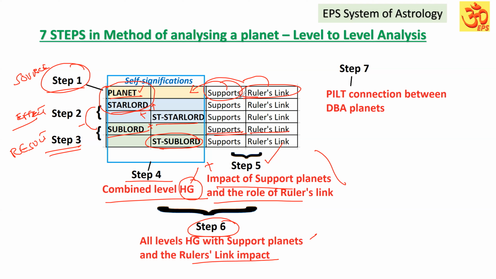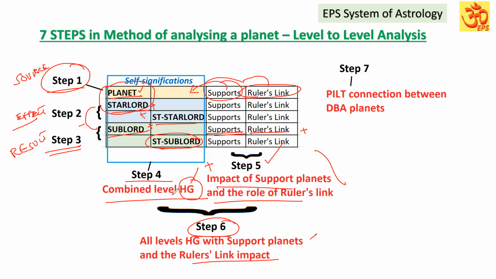Suppose the planet itself is a very good key planet, that itself is in the supports and is forming a ruler link and giving support to the sublord, the sublord's favorable strength will be increased. So that planet at this sub-level, though it is having some weakness in its self-signification, through the supports and ruler link, that strength is being increased. So step number 6 is important. We find the final output strength of the planet.